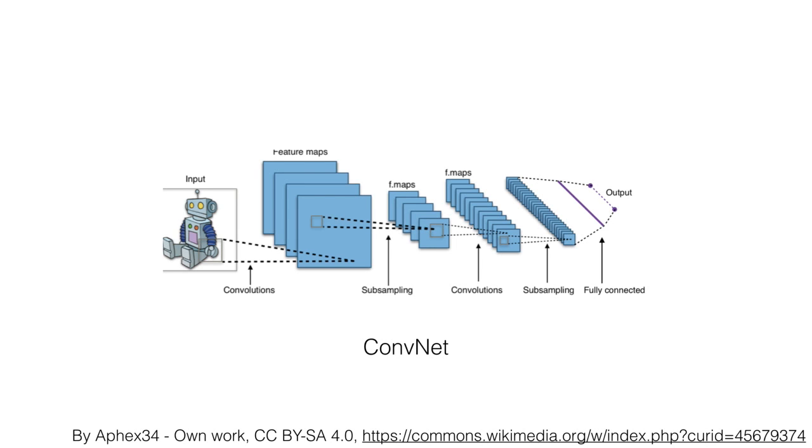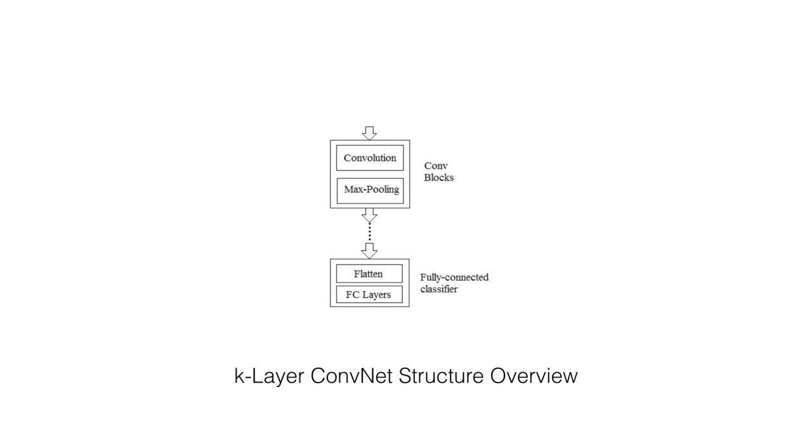To get an input of an image via a ConvNet, the general process is as follows. First, we conduct convolution and subsampling several times, and then through a fully connected layer, we get the classification output. A typical K-layer ConvNet structure is shown above.